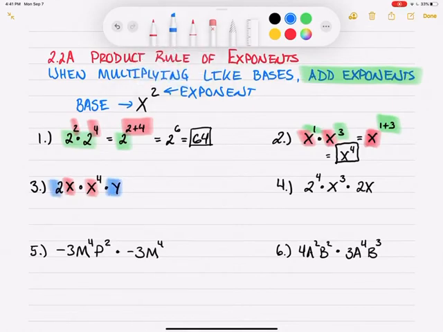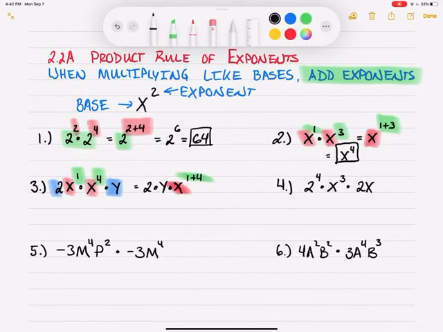So all I'm going to do is bring them out front, and I'm going to say that this is 2 times y times my base x, and then remember I have that little invisible 1, so my two exponents are 1 and 4, so I'm going to go ahead and add those, 1 and 4, so x to the 1 plus 4 power.